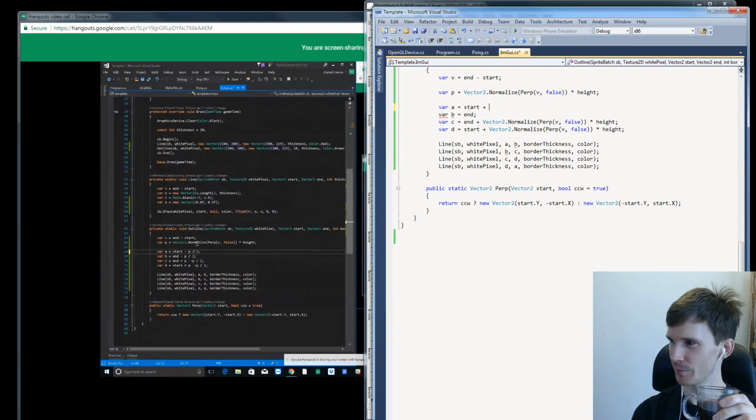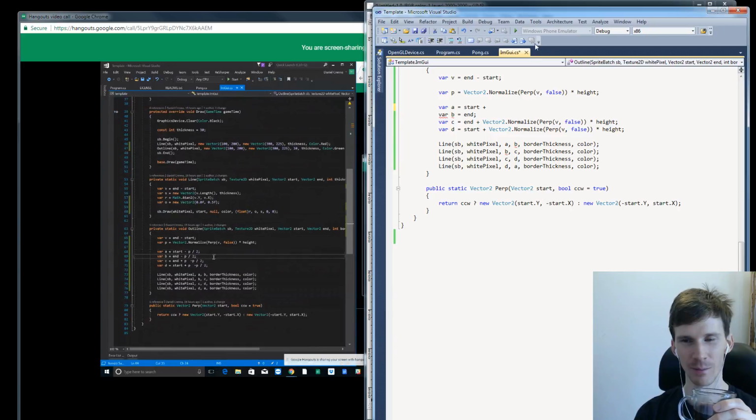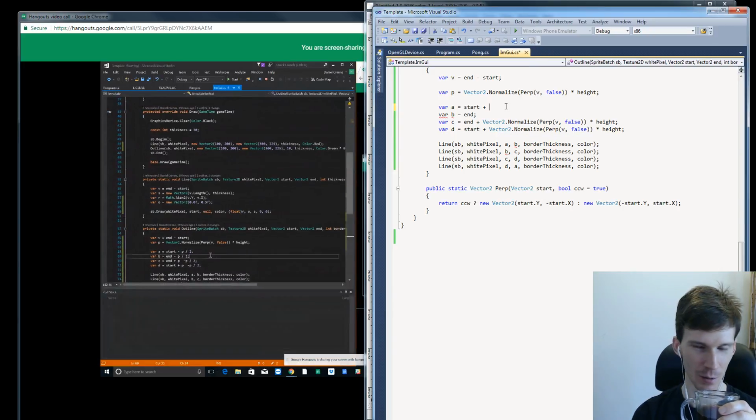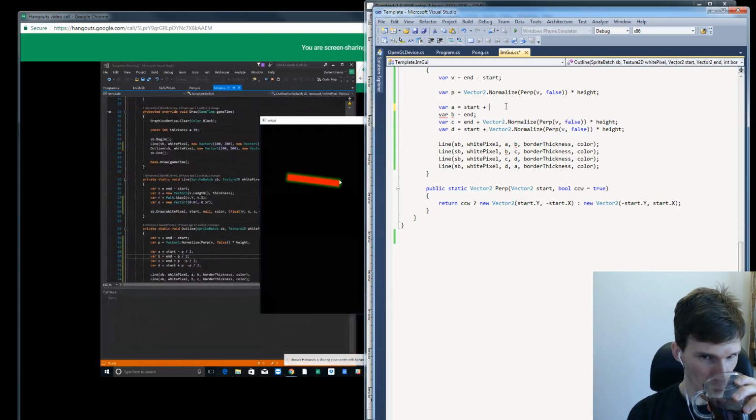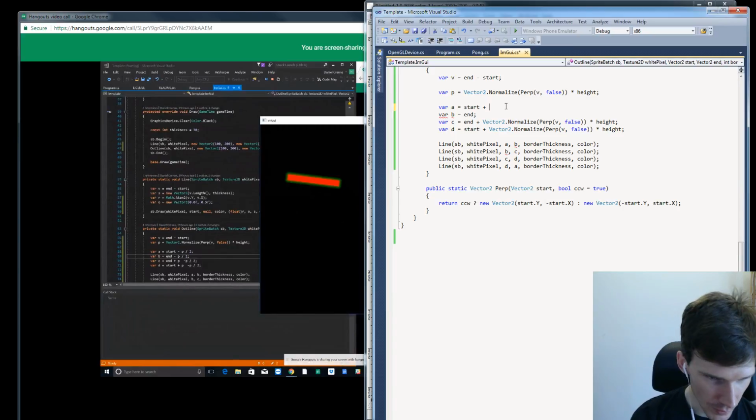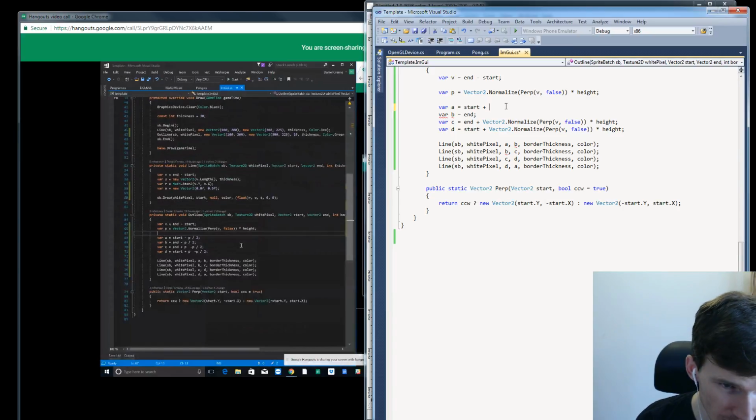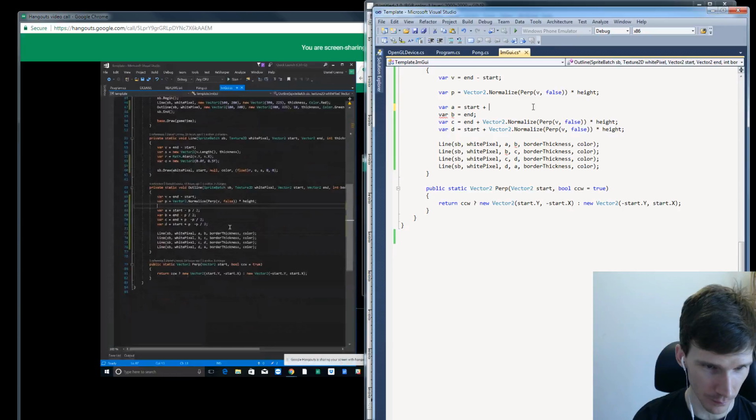What is it? Back in the day. Order of operations. The actual name of that escapes me. Oh, first order. Yeah. Okay, so that's still the same as it was. That's the same code as it was before. So keep going. Well, I got rid of those pluses. Okay, so n plus p divided by 2.